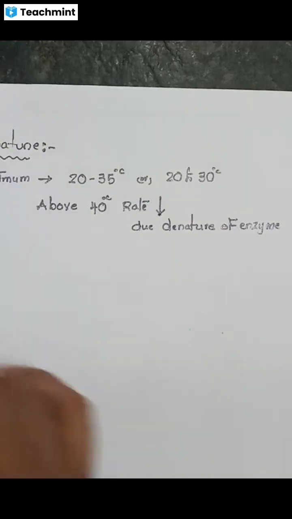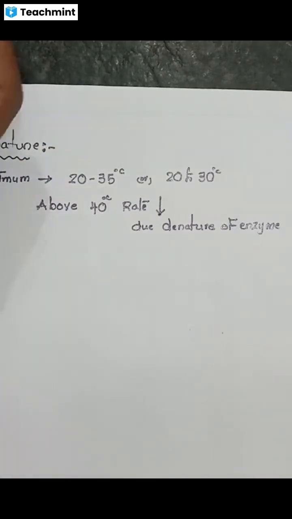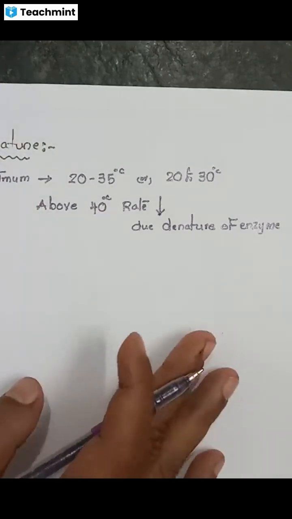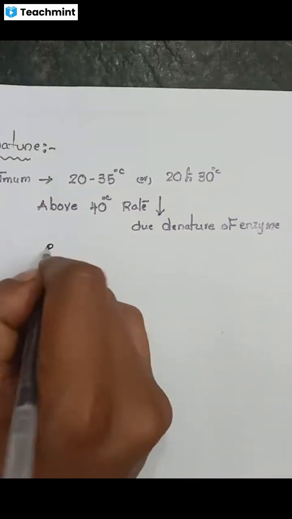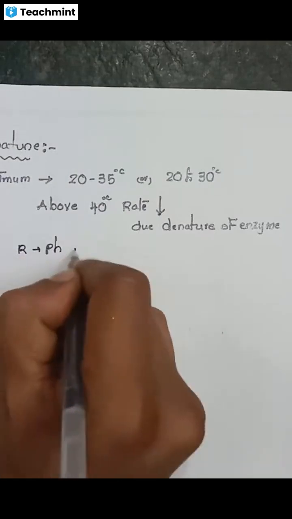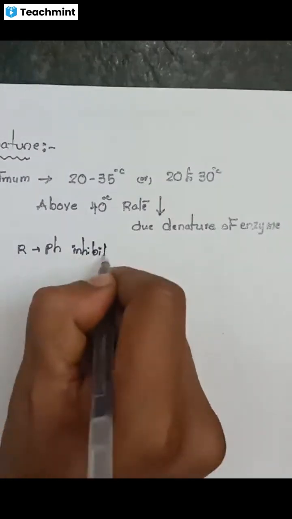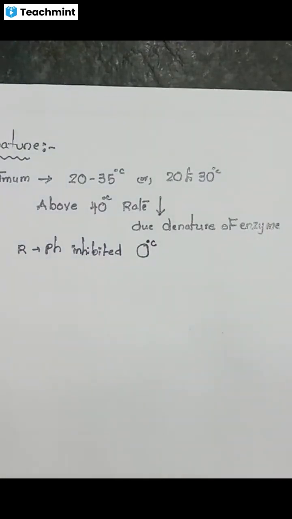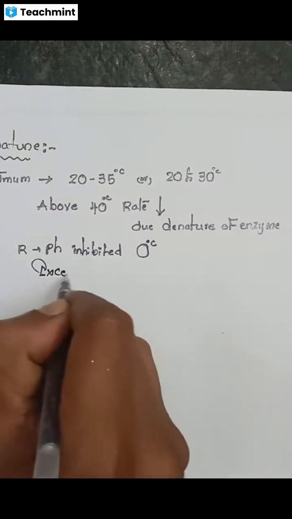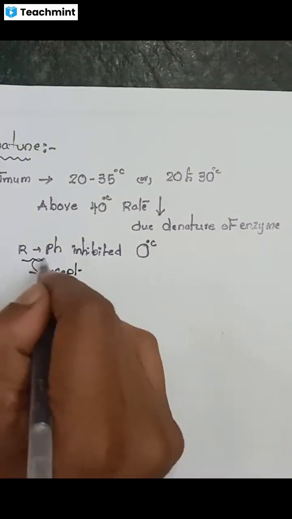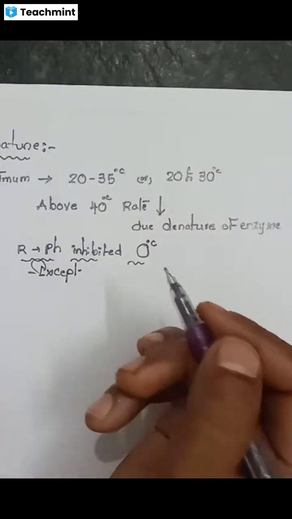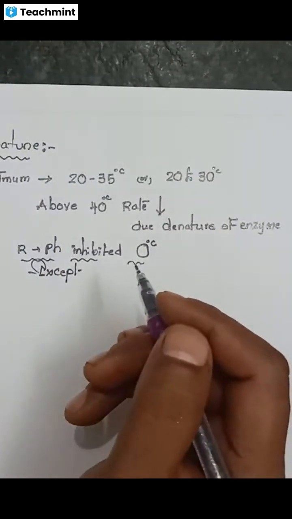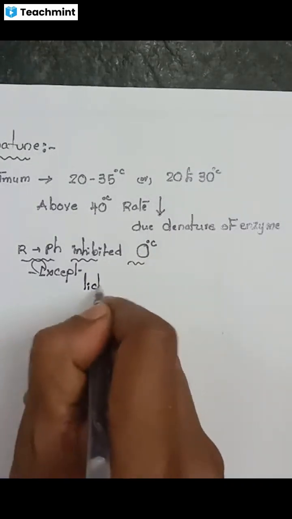At the same time, the rate of photosynthesis is inhibited at 0 degrees, except in some lichens.